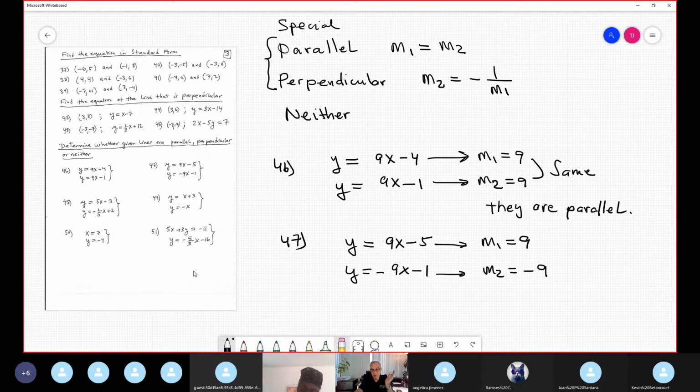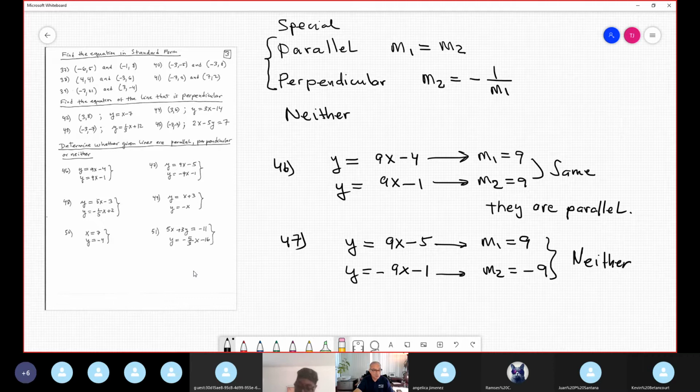Ooh, not the same. So not parallel. But it is also not reciprocal, because the reciprocal of 9 is 1 over 9. It is opposite sign, but you need to satisfy two conditions in the formula. So it is obvious that this is totally ordinary, it is neither. Not special. 47 is not special.